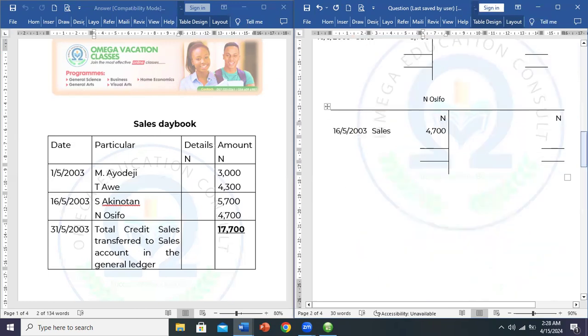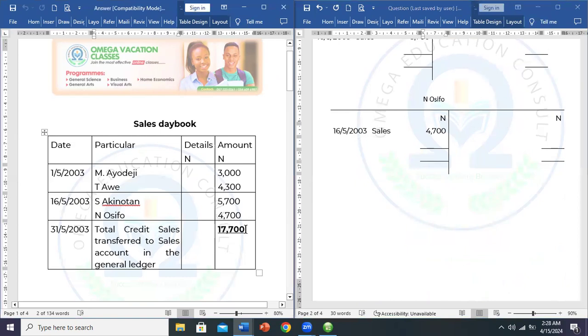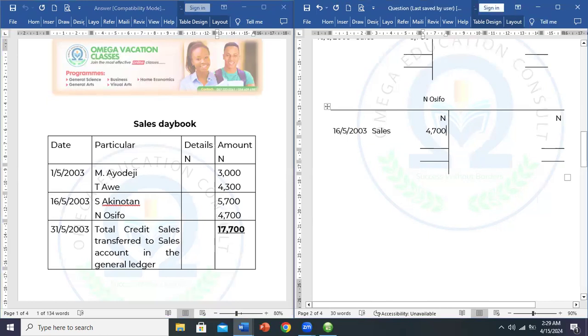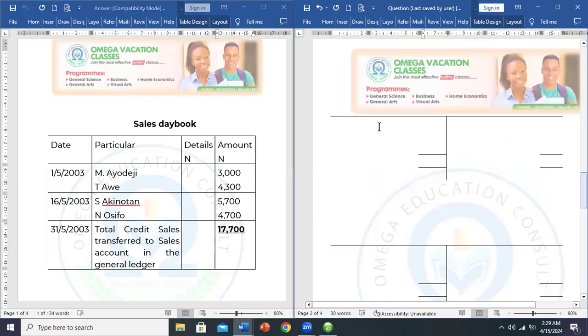Now, when you are done with the individual entries, what is left is the total. And you all agreed that this total represents credit sales that is supposed to be transferred into the sales account in the general ledger. So what it simply means is that we need another ledger called the general ledger.